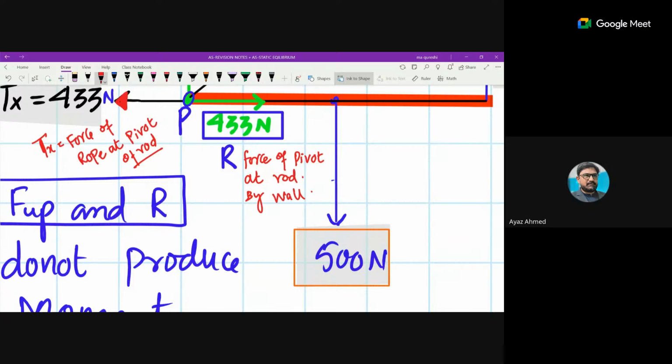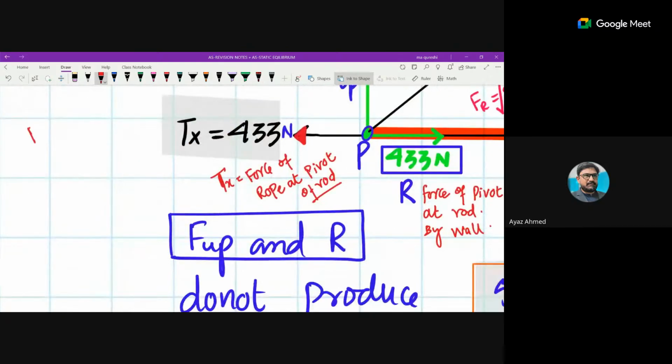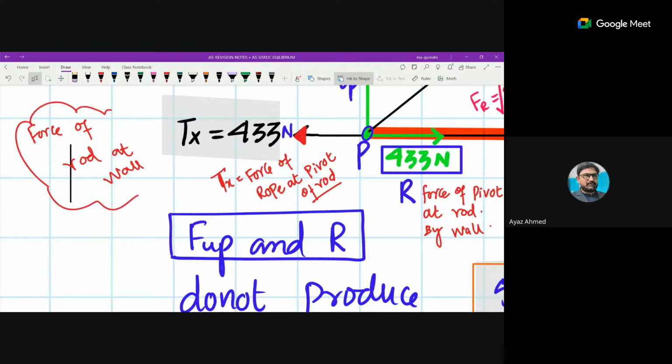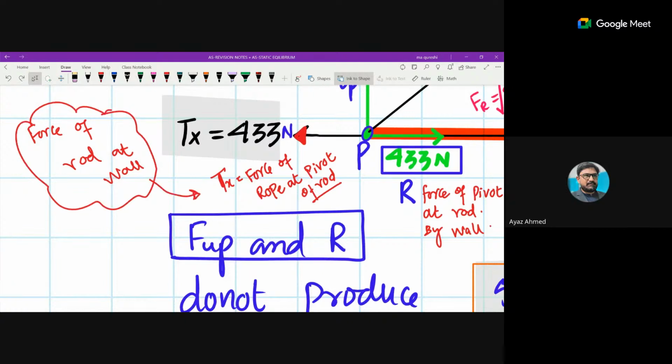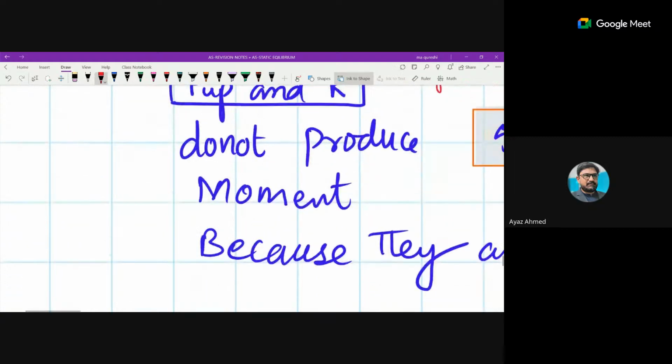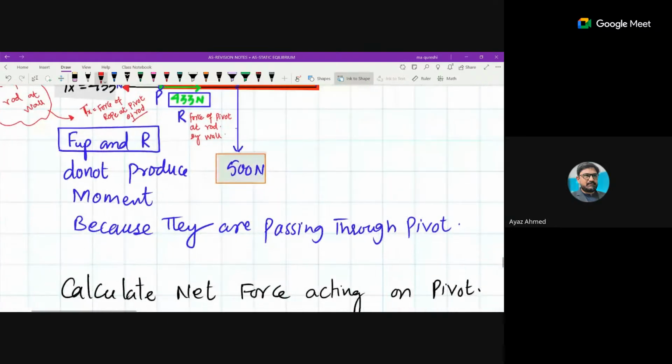You can also say that this Tx is the force of the rod at the wall. So these are the points you must know about your diagram or your question. When you handle these types of questions, sometimes they get horrible if you do not have a good concept.